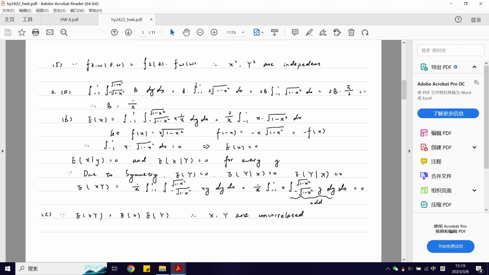So at first we get the double integration range, and then we do the calculation.